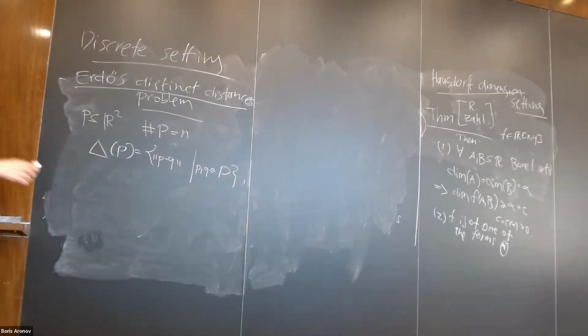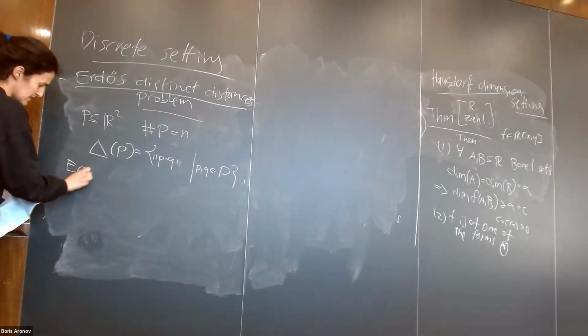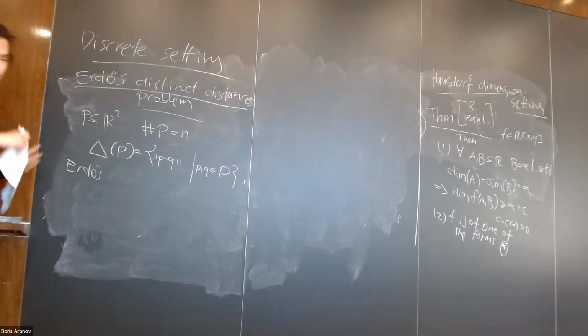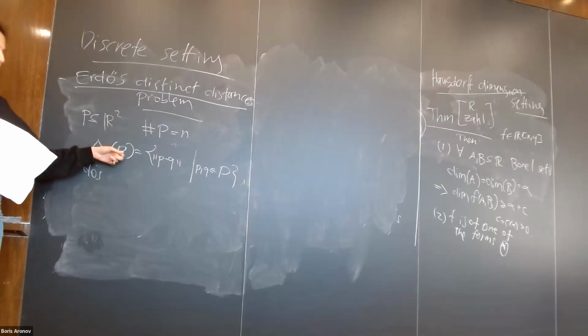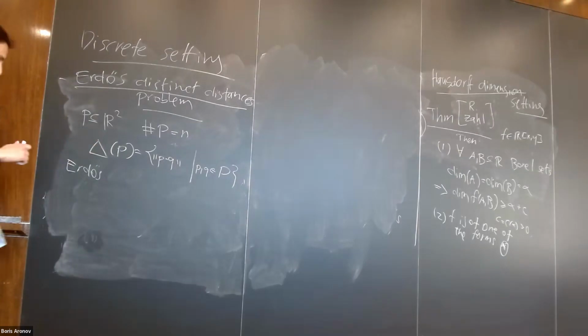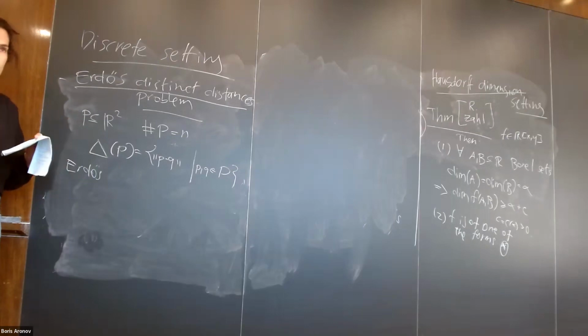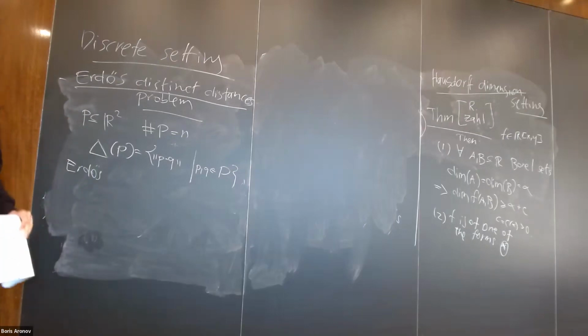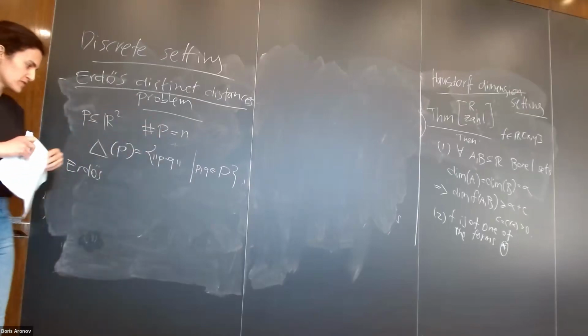And indeed, Erdős showed that for every n sufficiently large there is a choice of P such that the number of distinct distances is much smaller than n squared. It is some constant times n over square root of log n. And he conjectured that this should be the best possible. So for any choice of P, we'll have at least this number of distinct distances.